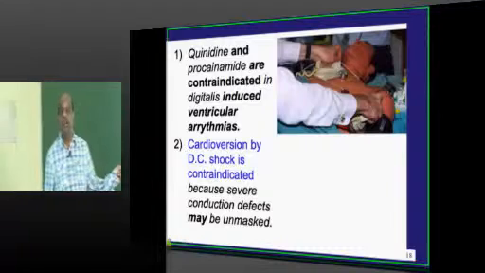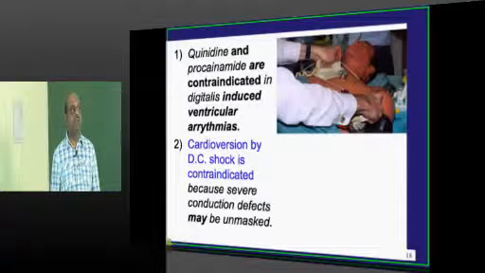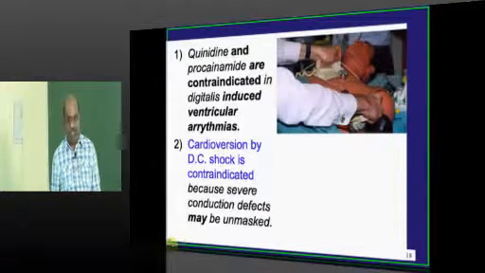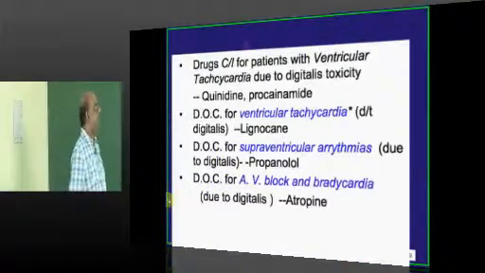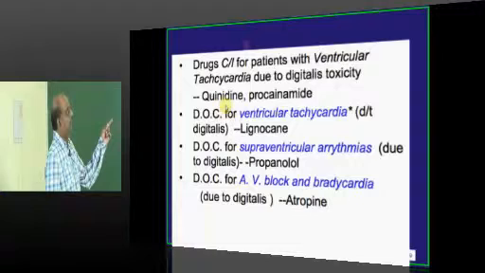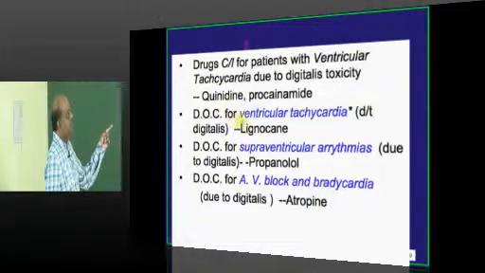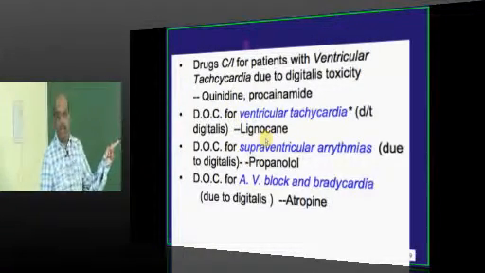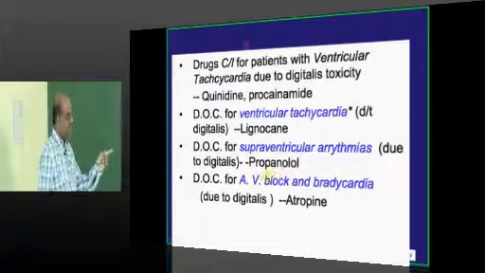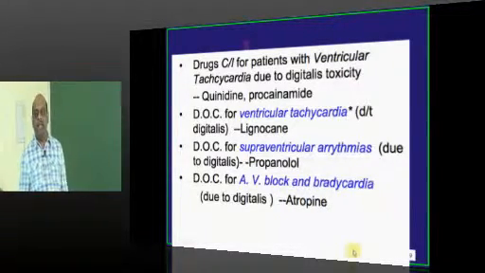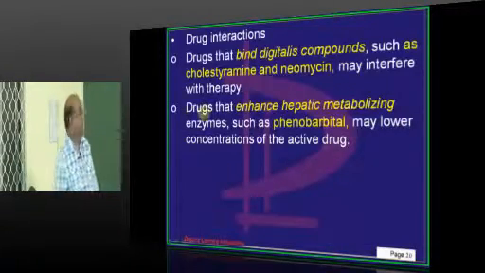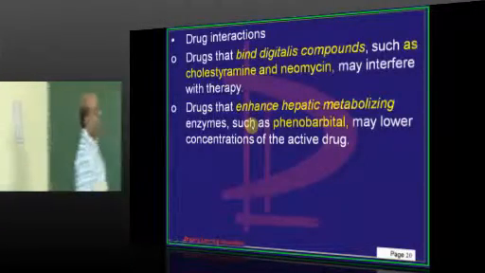Can you give DC shock? The examiner will ask innocently; if you give a shock, you are taken for a shock. So DC shock is contraindicated in arrhythmias caused by digitalis. Then for ventricular tachycardias we use lignocaine, SVT is propranolol, and for AV block and bradycardia caused by digitalis, we give atropine. That is what needs to be remembered.